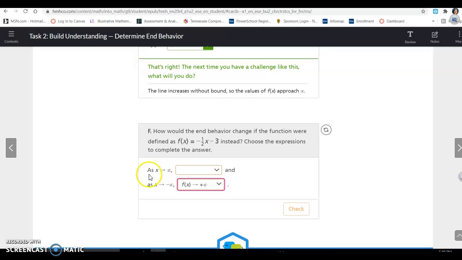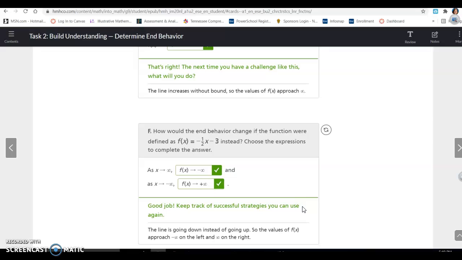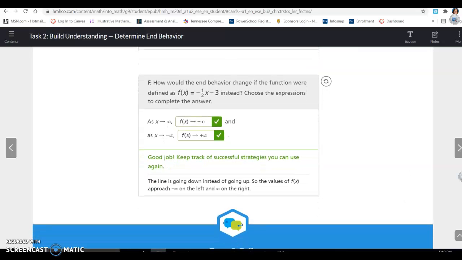It would go up. And as x goes positive, it's coming down. So it'd be negative infinity. So you're really just talking about the direction, what's happening for the end behavior there. All right. If you have any questions on this, please let me know. I would take good notes on this because you will need to know all of these symbols and terminology.